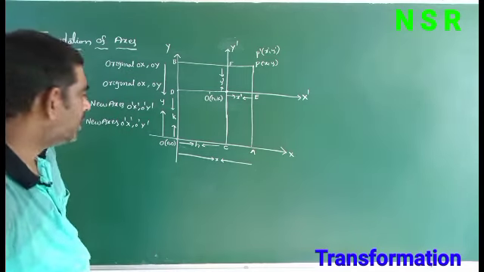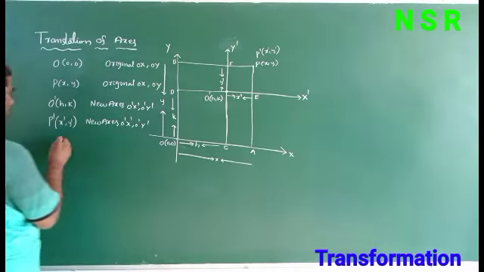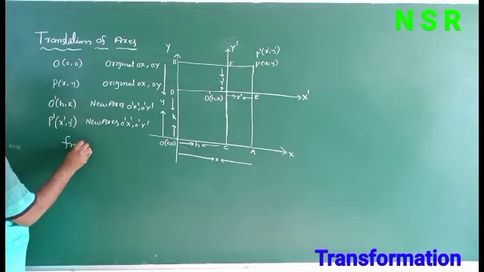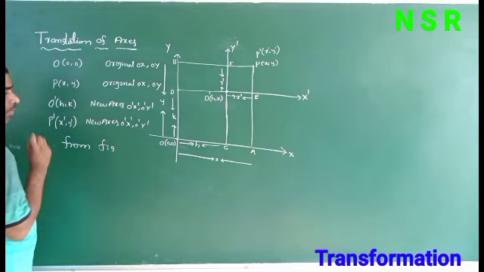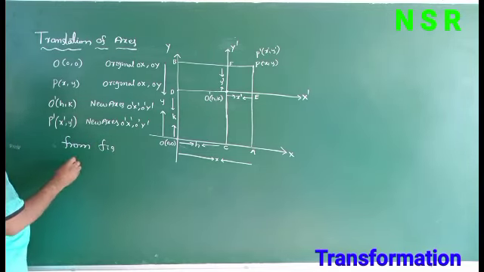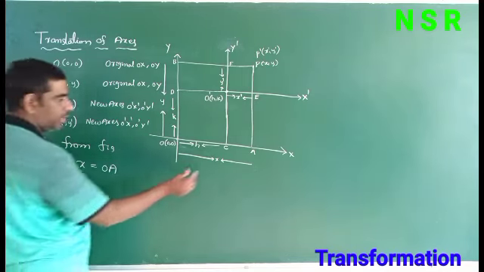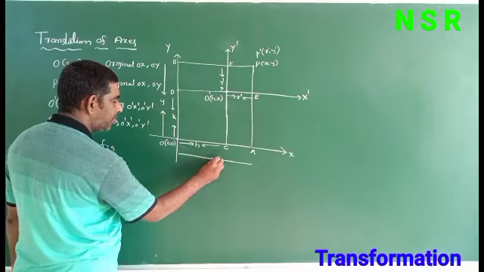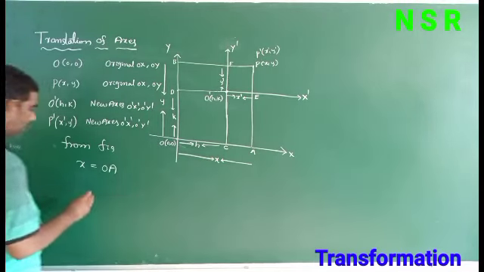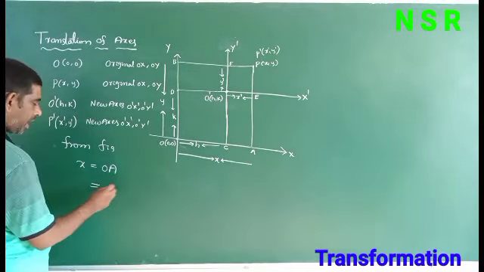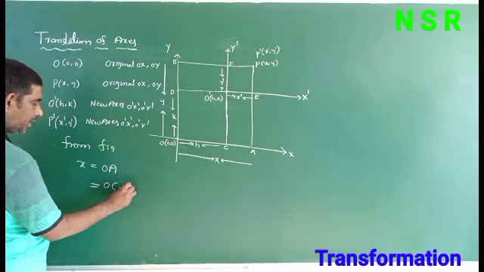Now from the figure we can write small x is equal to OA. Here small x is the distance from O to A. Now OA we can write as OC plus AC.